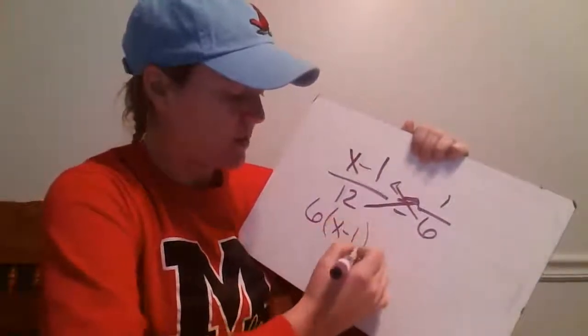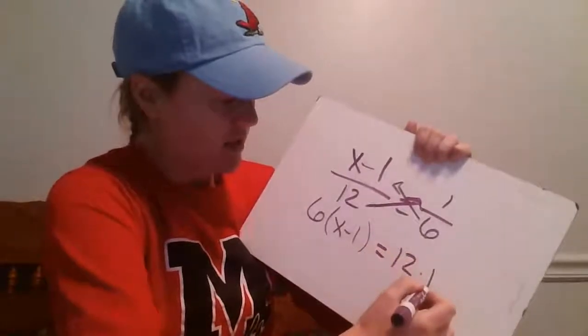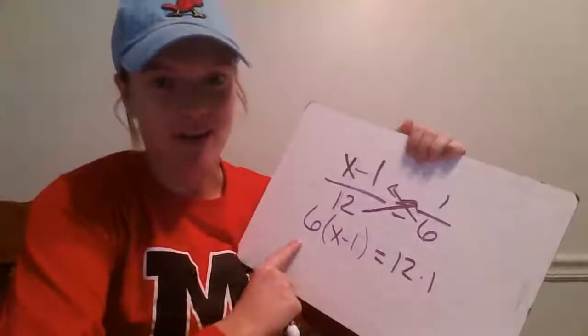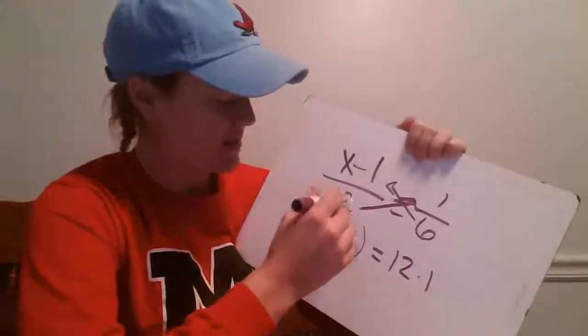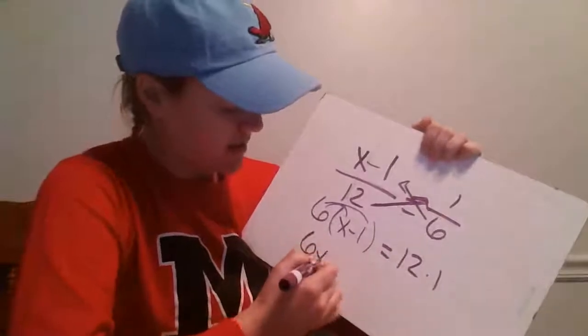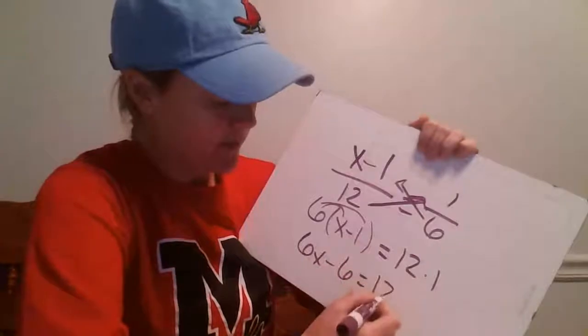So 6 times (x minus 1) equals 12 times 1. Okay, then all the things you guys like to do, the distributive property, right? So I need to do 6 times x and 6 times 1. So I'm going to have 6x minus 6 equals 12 times 1 is 12.